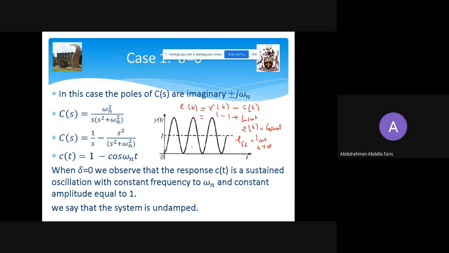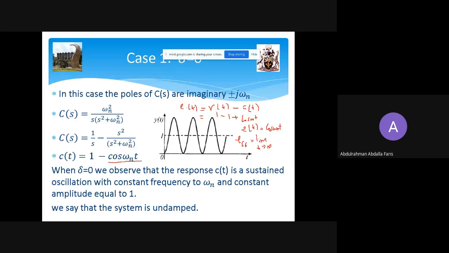When it's undefined, it means that we cannot actually get a value, because these oscillations are sustained. Sustained means they'll go on forever. They won't decline until we switch off the system.